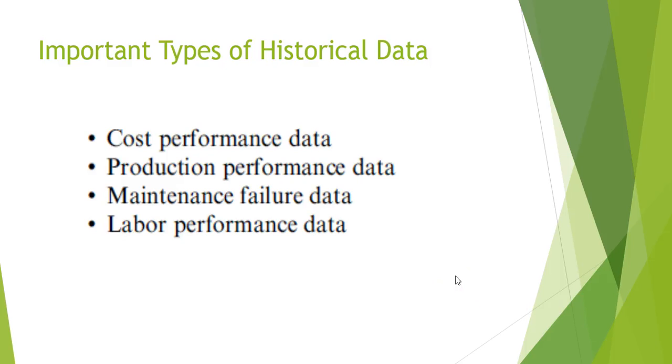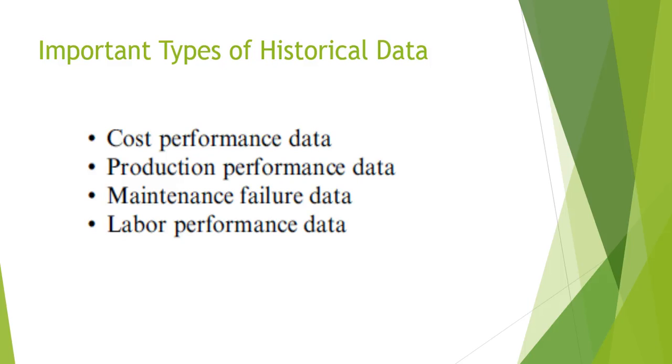There are important types of data that we collect when we're building a model, and this is pretty much the same for any type of production model. You need cost performance data, because that's one of the outcomes; the numbers we're looking for in the end is cost to do work. We want production performance data: how many units of work and how quickly they can be done.